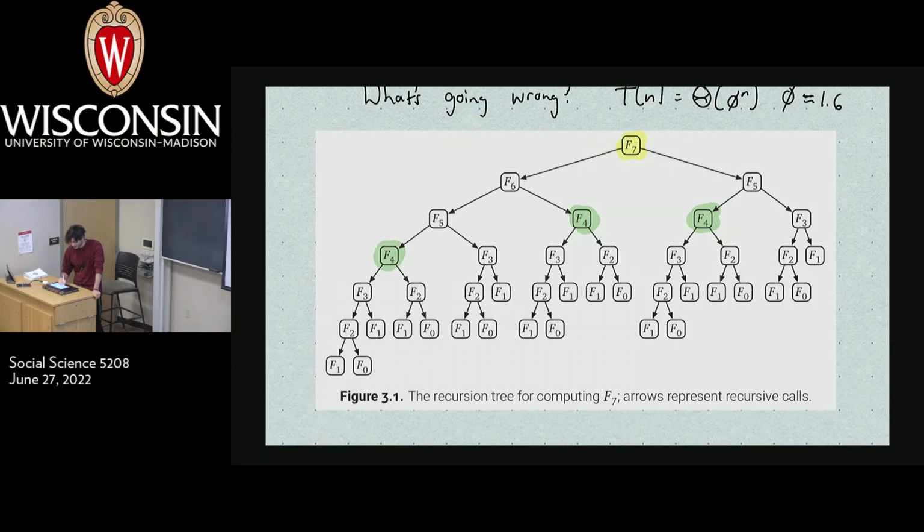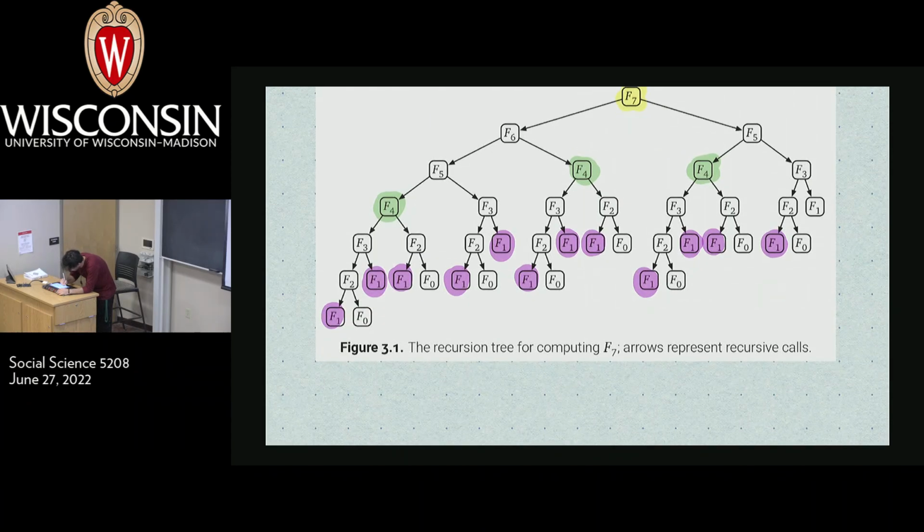If we looked at, say, f of 1, we compute this a ton of times. In fact, we have to compute f of 1 f of n times, because we're just summing up a bunch of 1s at the bottom of the tree. So the issue here is we're repeating work that we've already done unnecessarily. That's the issue.